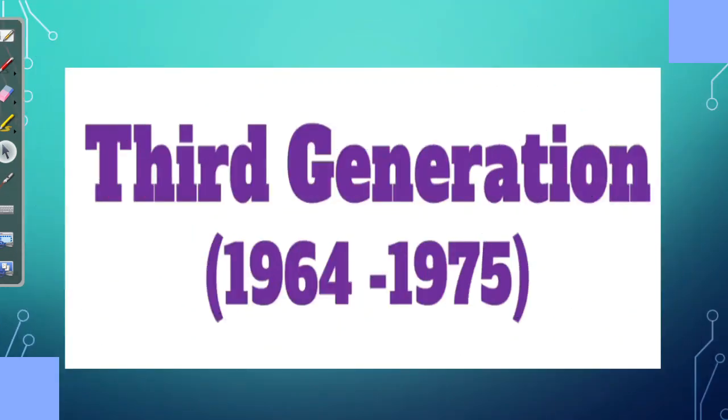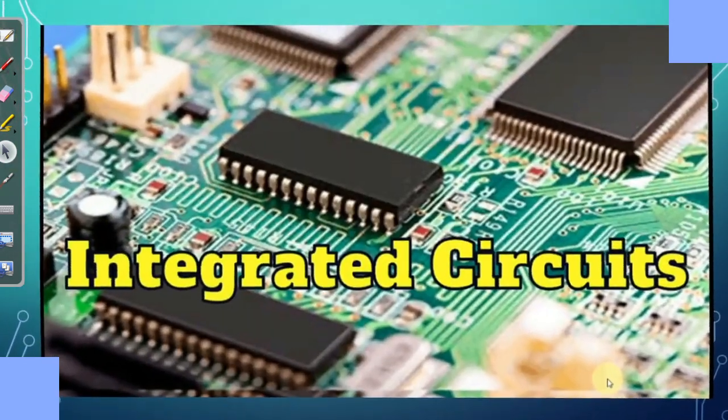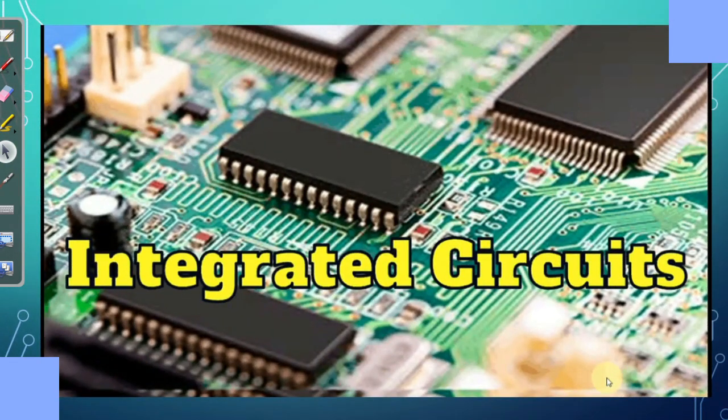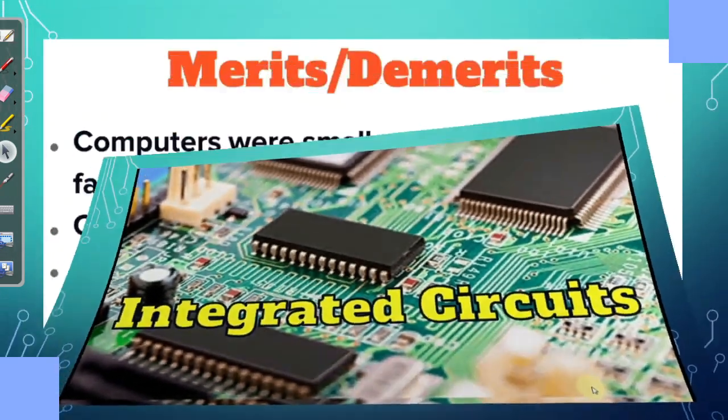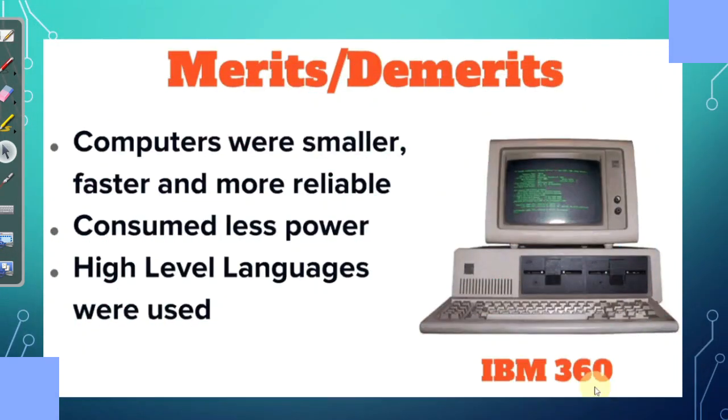Now we will see the third generation computer, in the years 1964 to 1975. Here integrated circuits are used in this computer, and you have the chip-like thing that has been followed till now.